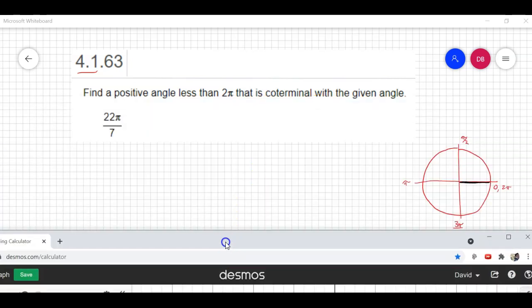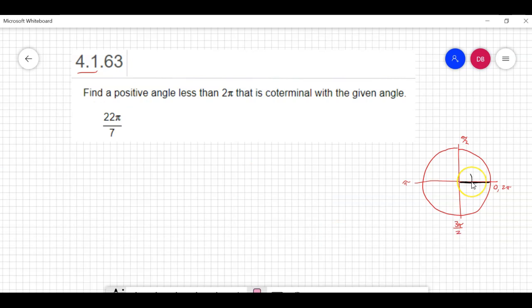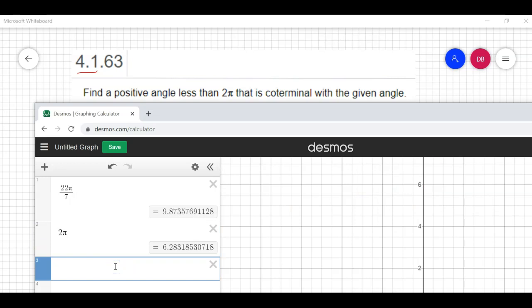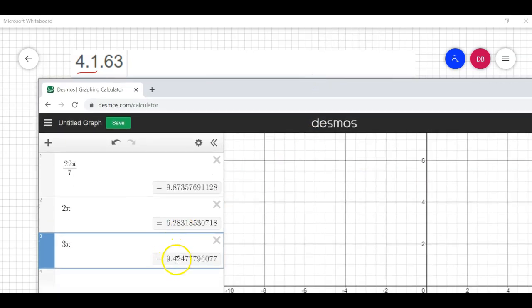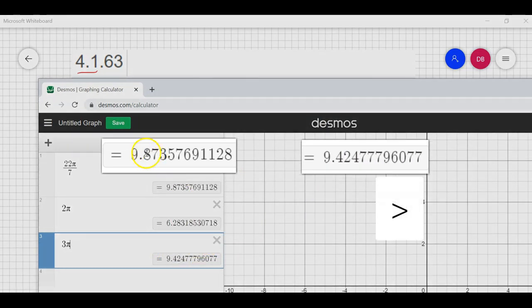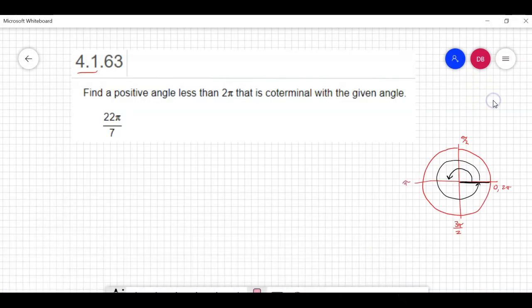Rotating again would be 3 pi, and if I type in 3 pi, I get 9.42. This 9.8 is a little bit bigger than 9.42, so this number is a little bit bigger than 3 pi.